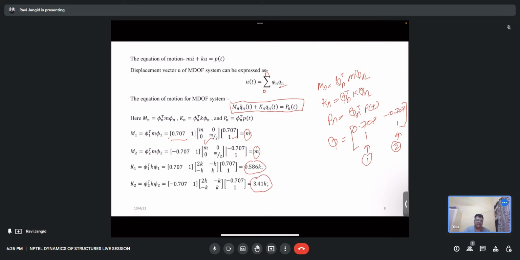So after getting this m1, m2, k1, k2, I need to find out the generalized force P1 and P2. First I need to find out what my pt vector is, because I still haven't found it.